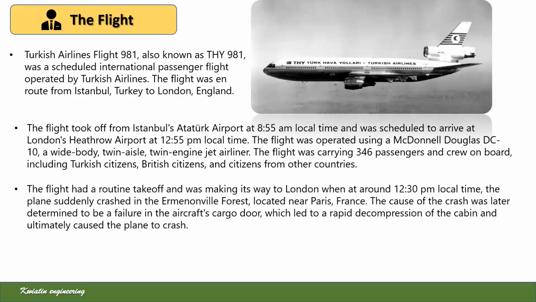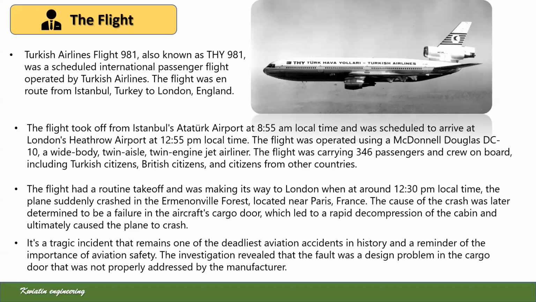The flight had a routine takeoff and was making its way to London when at around 12:30 p.m. local time, the plane suddenly crashed in the Ermenonville forest located near Paris, France. The cause of the crash was later determined to be a failure in the aircraft cargo door, which led to a rapid decompression of the cabin and ultimately caused the plane to crash.